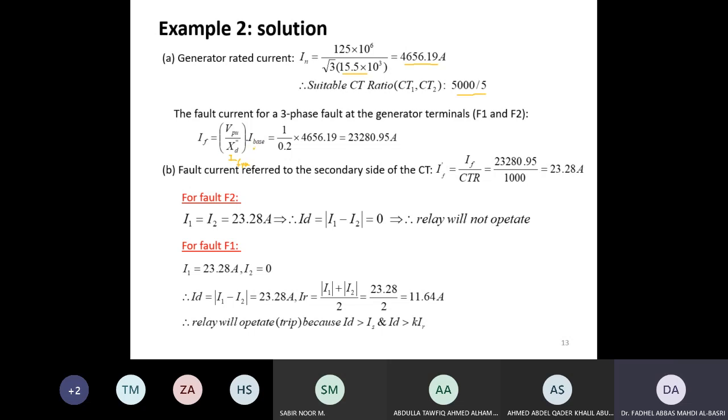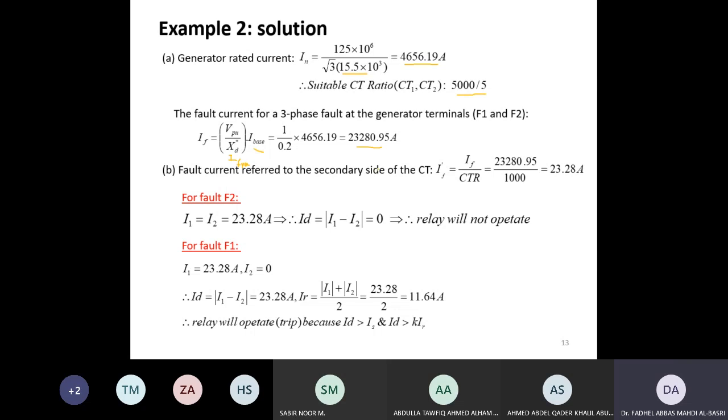Times I base, which is already the rated current of the generator, gives me the fault current. So 1 over 0.2 represents 5 per unit. The fault means 5 times the rated current.